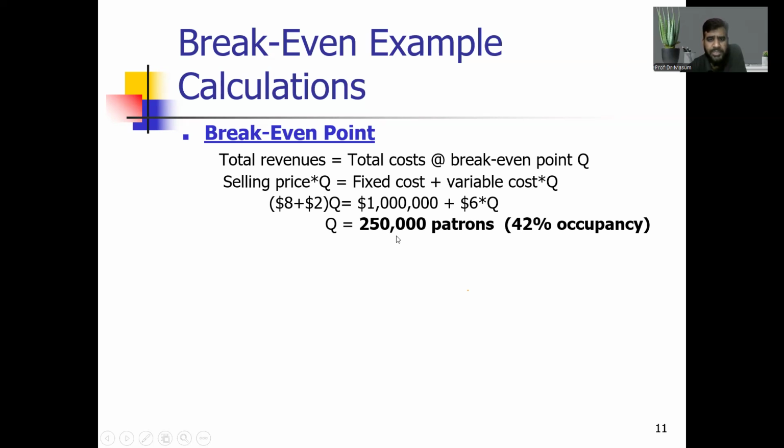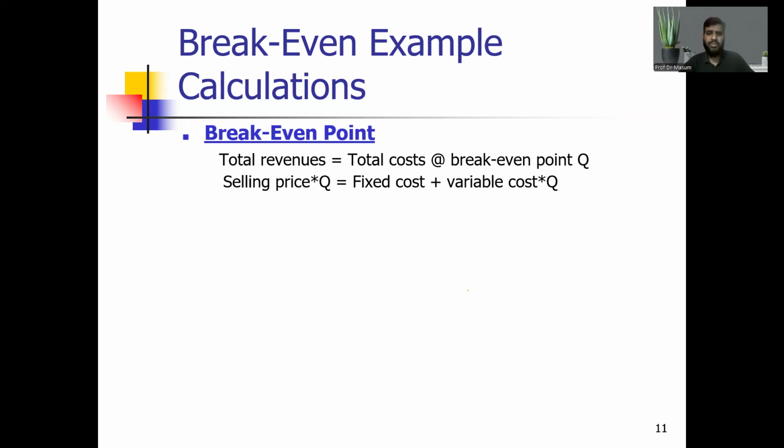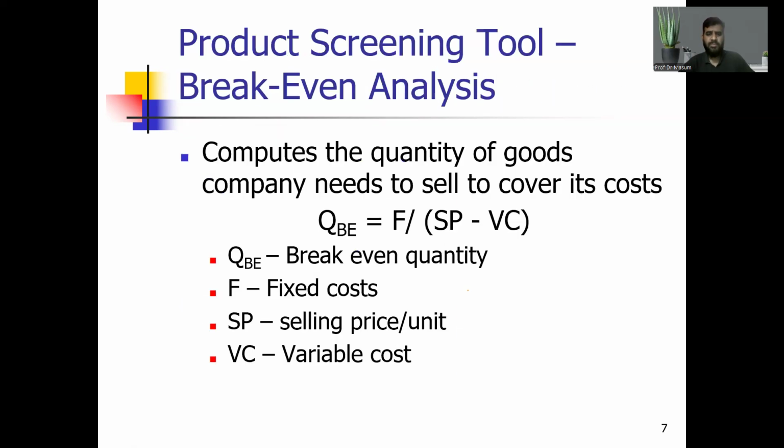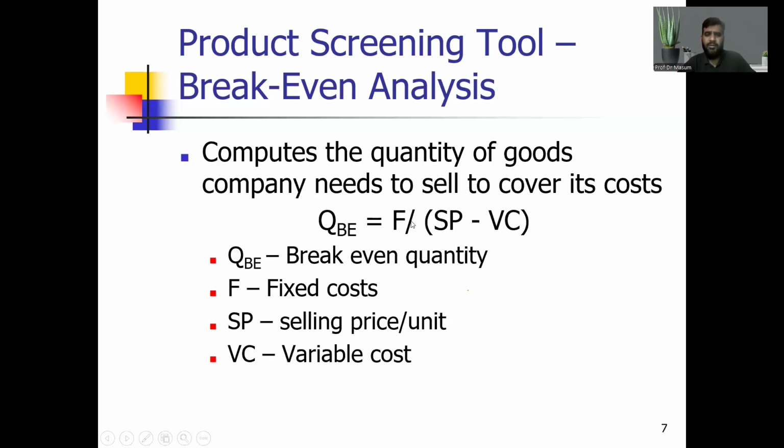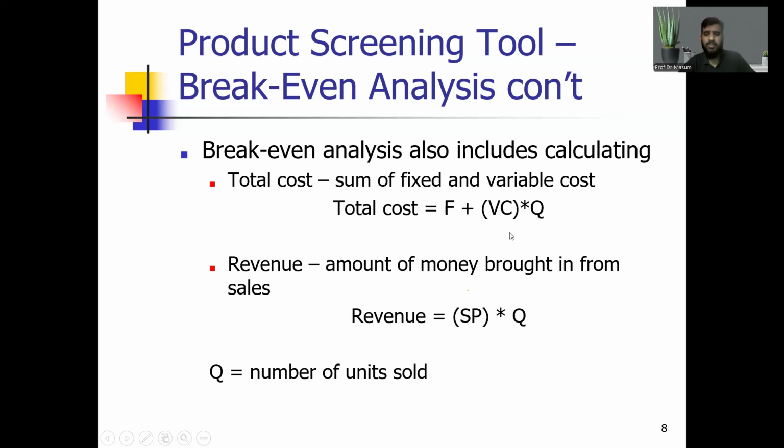Solving for quantity gives 250,000. But we have used the contribution margin format. There are two ways of calculating the break-even point: you can use the total cost equation, or you can use fixed cost divided by sales price minus variable cost, the contribution margin.